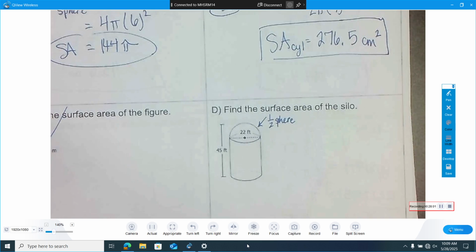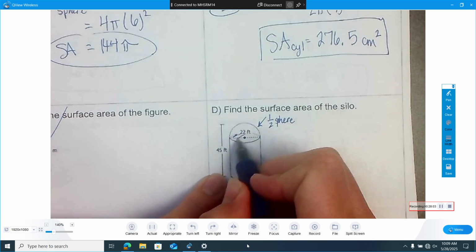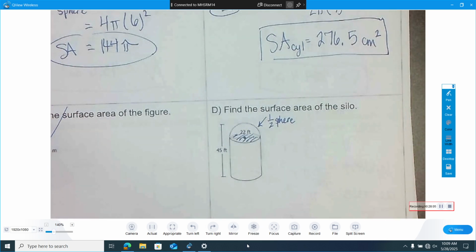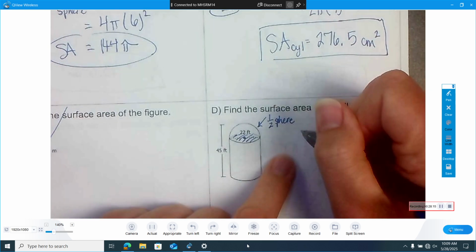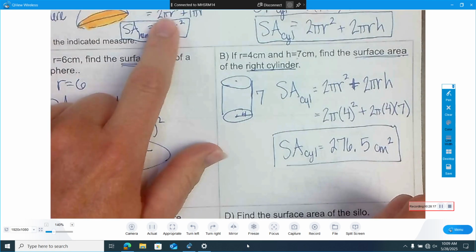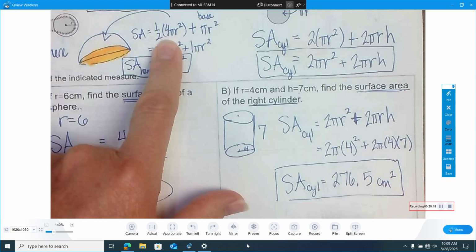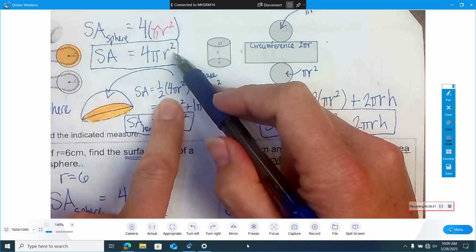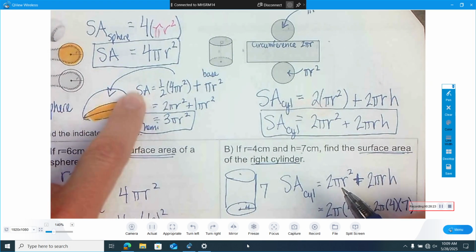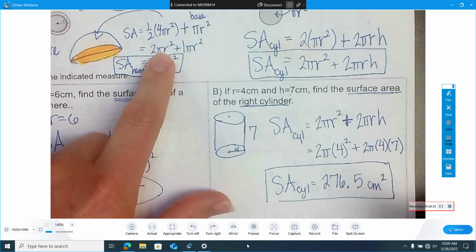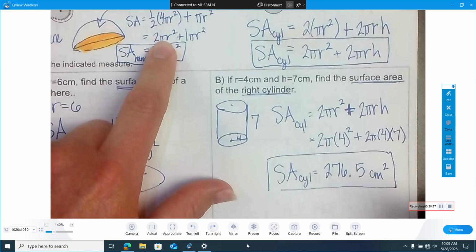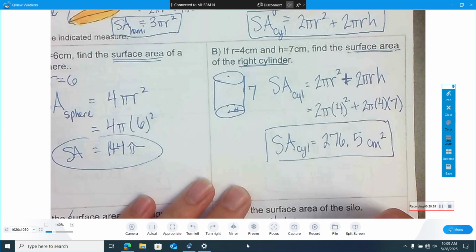So do I need to include this little base in here? No, we do not. It is not an outside piece. It is not an outside area. So all we have to do is the top there, which we said was half of the surface area of a sphere, just the outer portion. So that's what we want, which is just going to be 2 pi r squared.